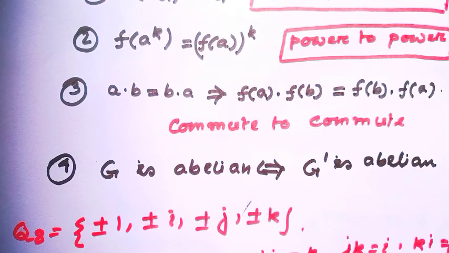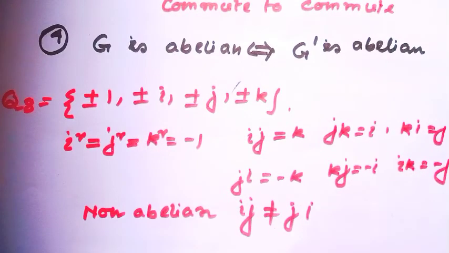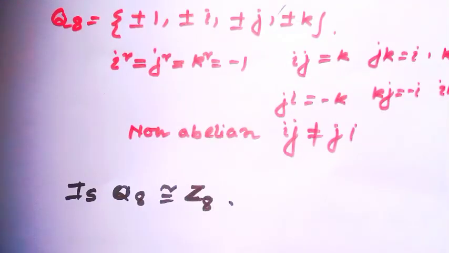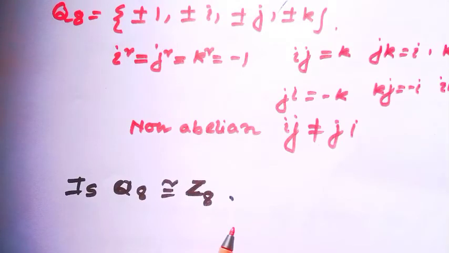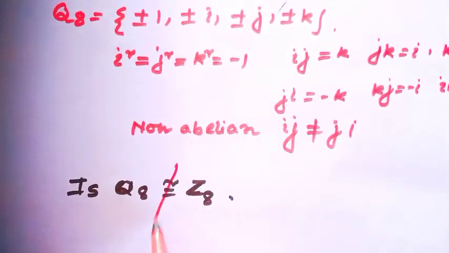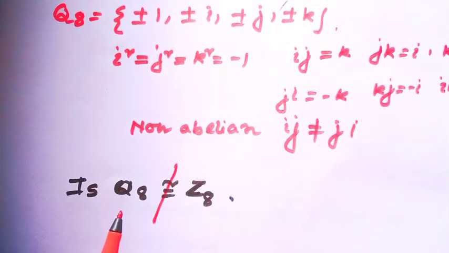Let's see one example, Q8. All of us know this group is a non-abelian group. Now my question: is Q8 isomorphic to Z8? Z8 means the additive group of order 8. Both orders are the same. But this is not isomorphic because here Q8 is a non-abelian group and Z8 is an abelian group.